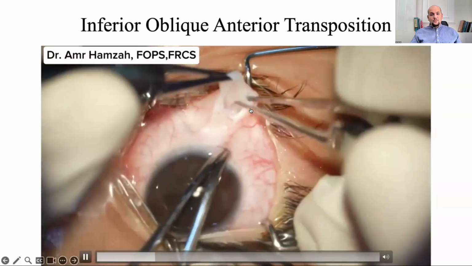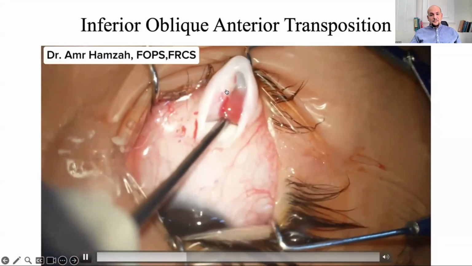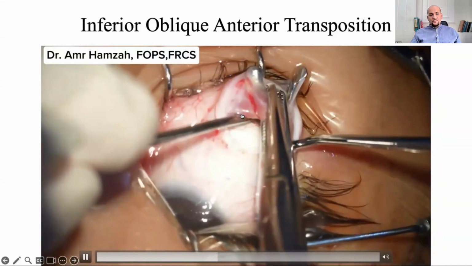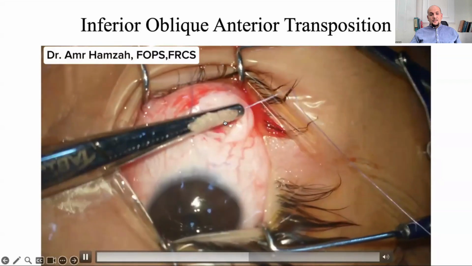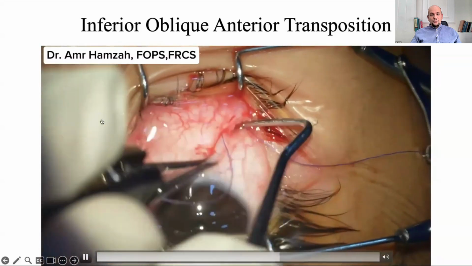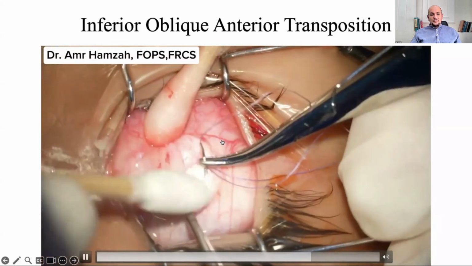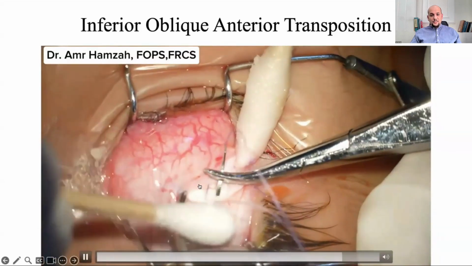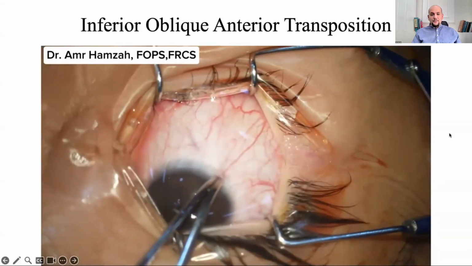Then holding the tenon and do a vertical cut, reaching the inferior oblique muscle, hooking the inferior oblique muscle, making sure that you take the whole muscle using the artery forceps and cutting in between, and then isolating this part using 6-0 vicryl suture, the part that is attached to the origin of the inferior oblique muscle, hooking inferior rectus muscle, and putting the muscle exactly at the same level of the inferior rectus insertion, 2 millimeters away from the inferior rectus insertion, and securing the muscle. Very simple and very powerful procedure.